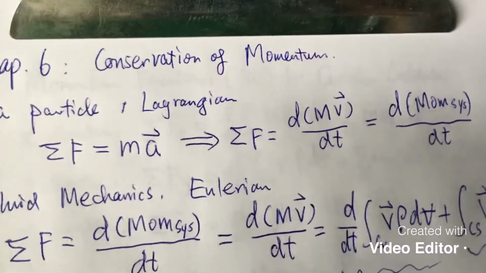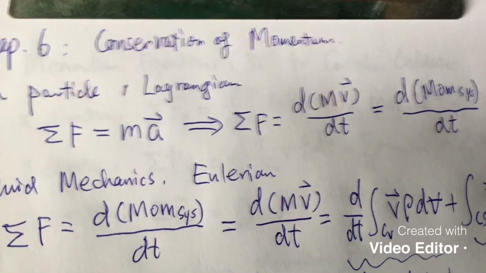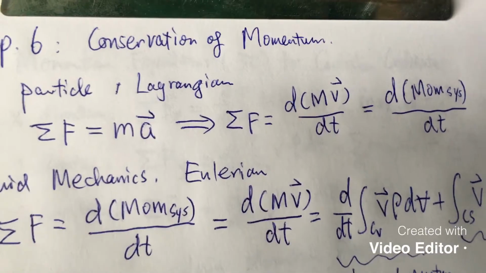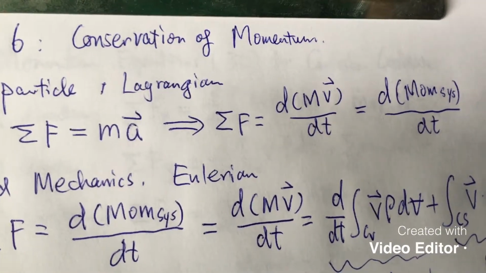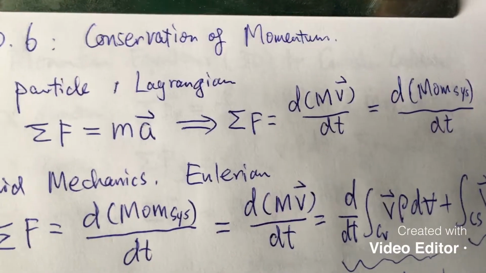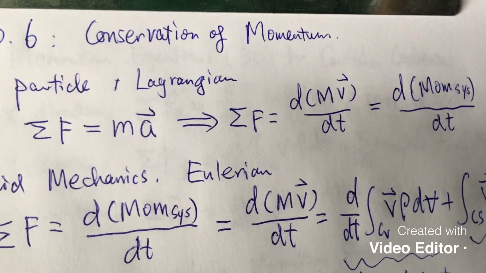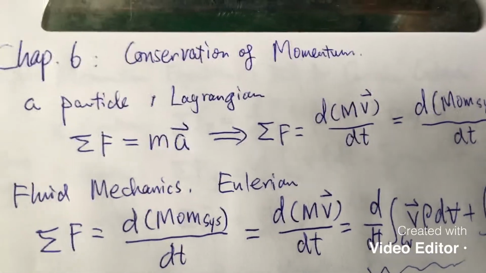Mass is usually constant, so d(mv)/dt, where dv/dt is acceleration. So we can say it's d momentum of the entire system over dt, that equals the summation of F.